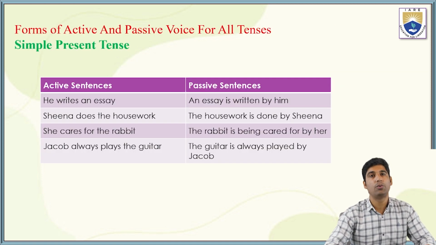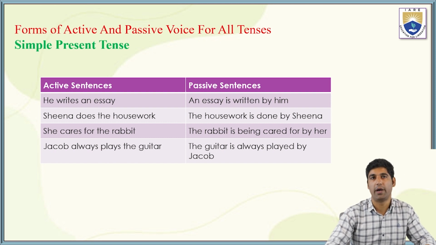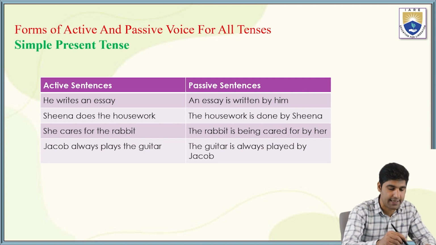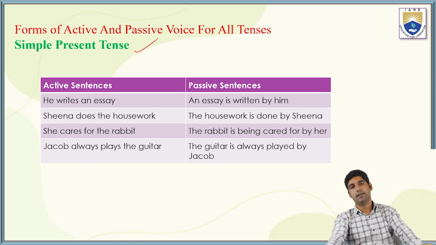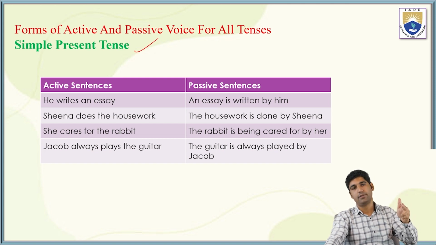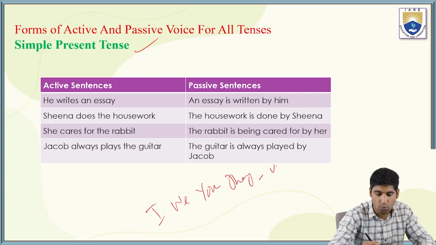Now, as I told you, today in this lecture we shall be converting tenses into passive voice. So, we'll go with the tenses. First, we have simple present tense. The tense where we use subject, verb first form, and object. If the subject is I, we, you, they, the verb first form has no change.